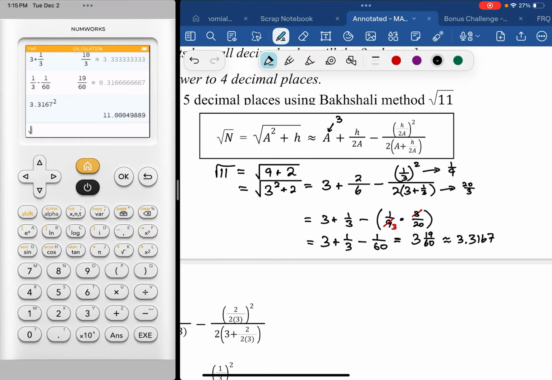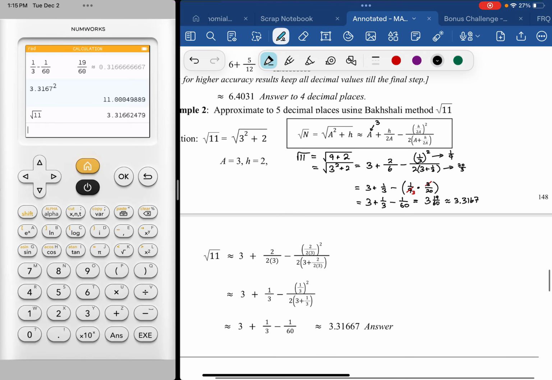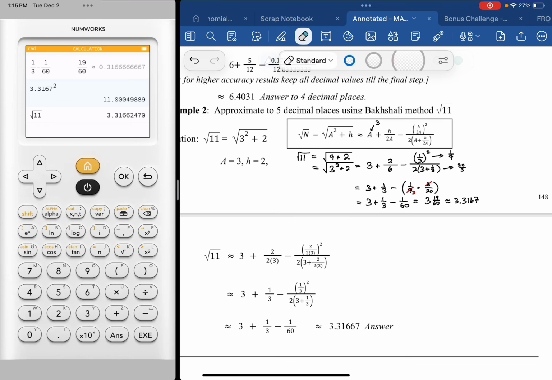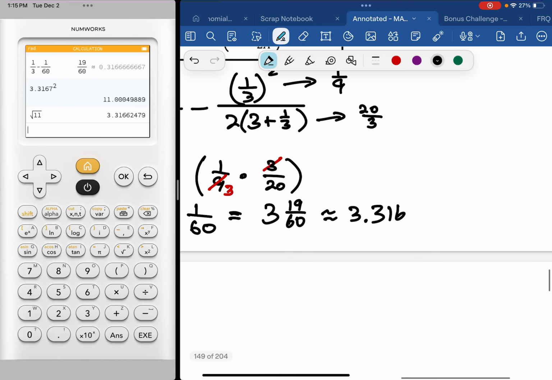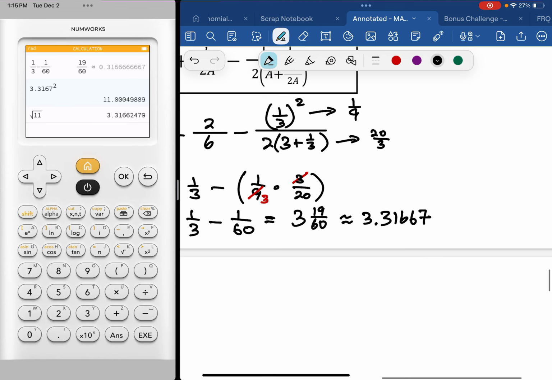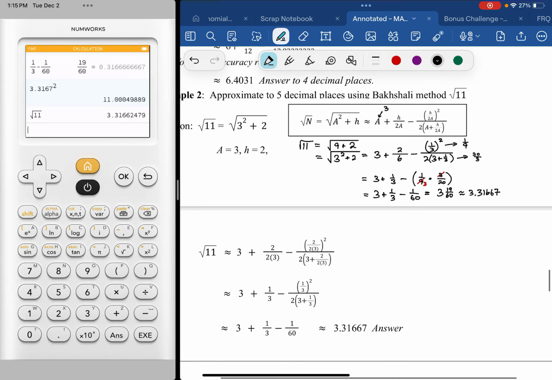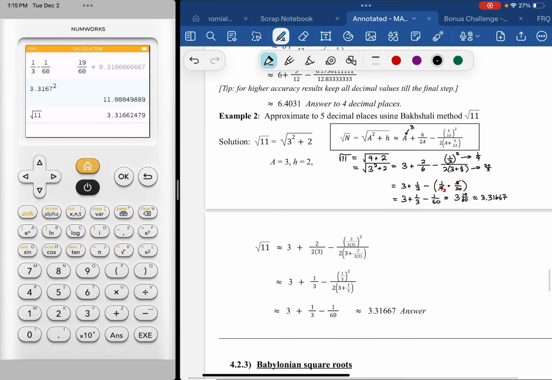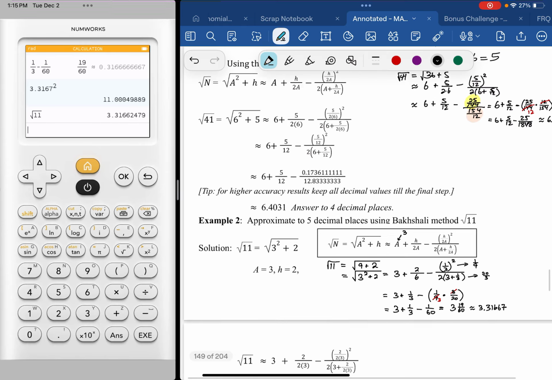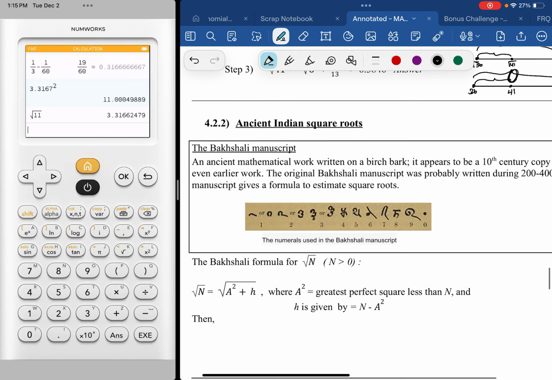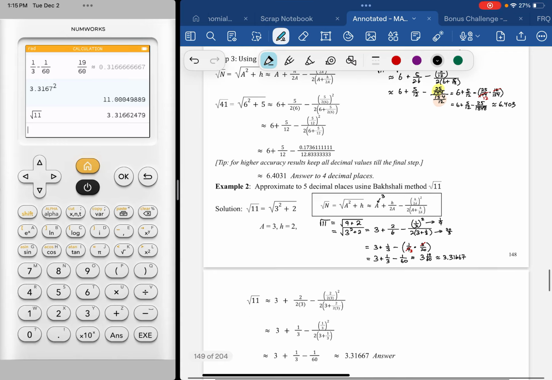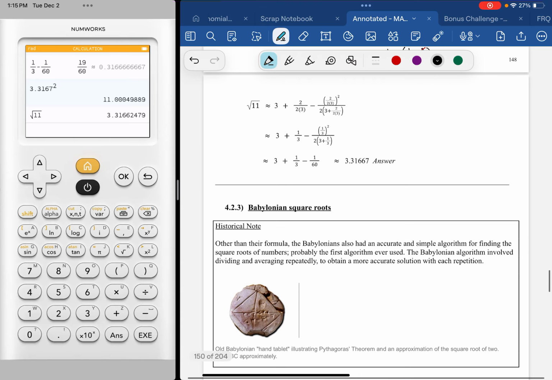Or I can go the other way, and I get what the actual decimal value is, which is pretty close. Oh, directions. They did say go 5 decimal places, so I'll get that extra decimal place in there. All right, and that would be the ancient Indian square root technique. And in the next video we'll get onto Babylonian square roots.